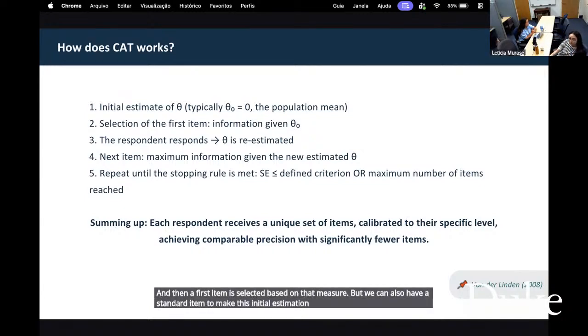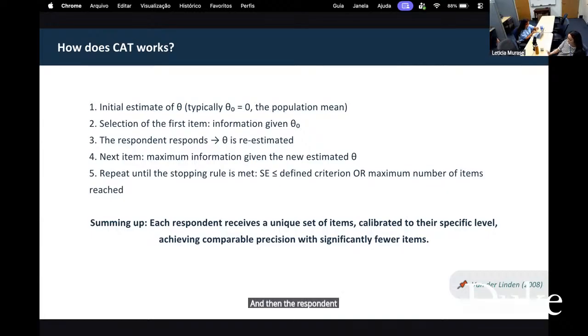Then the respondent responds, and the ability is re-estimated according to each response. So the next item will give the maximum information given the newly estimated ability. This is repeated until the stopping rule is met.